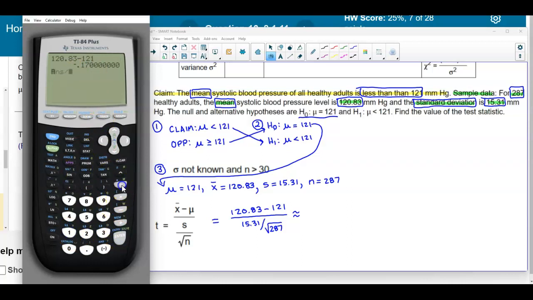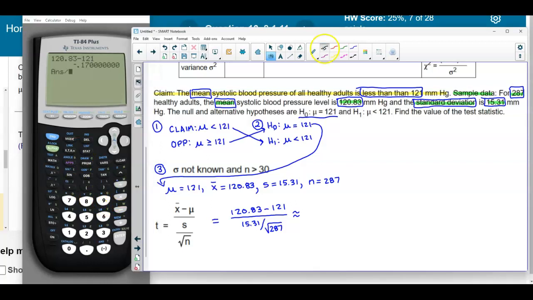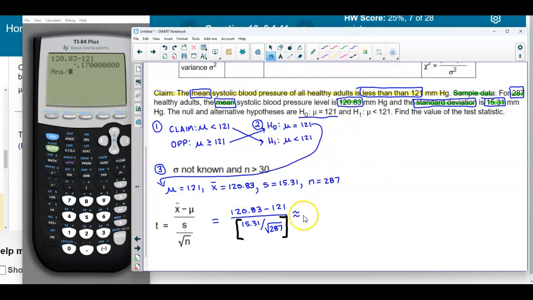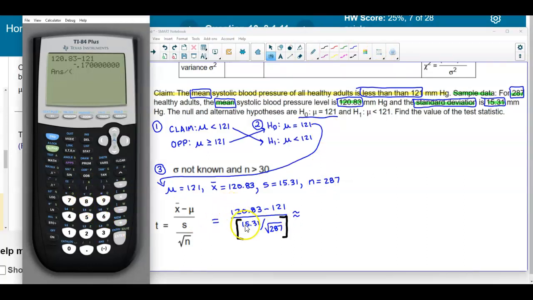And then divide. Now keep in mind here that we want to contain this in its own parentheses. So that means that we have parentheses in the denominator, 15.31 divided by the square root of 287, and then close the parentheses for that.